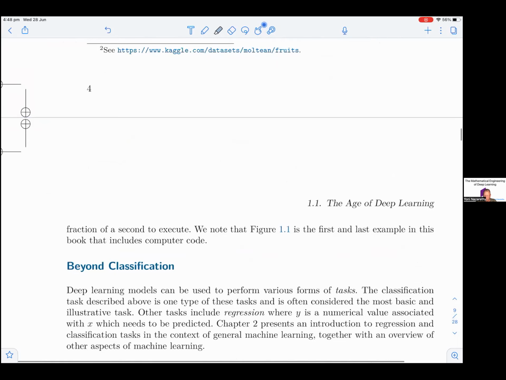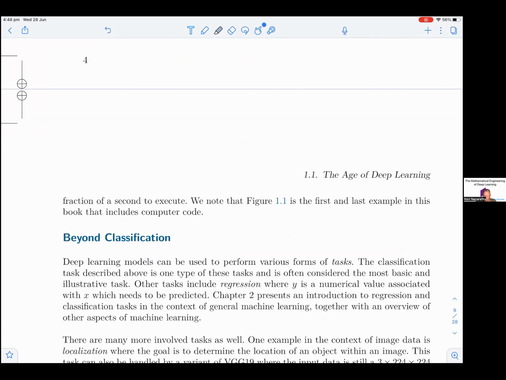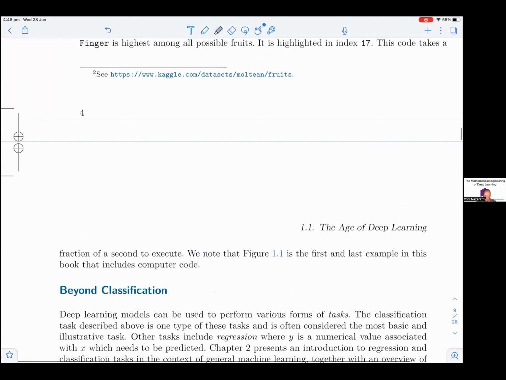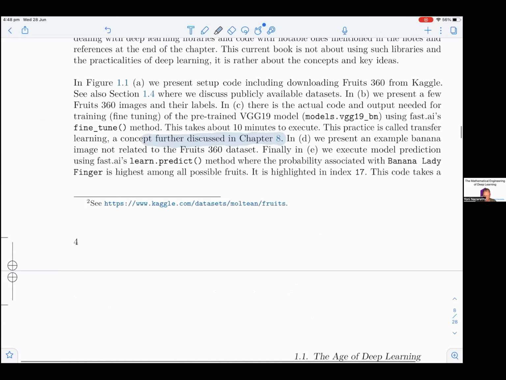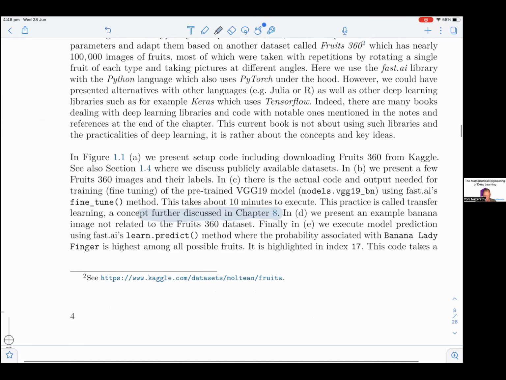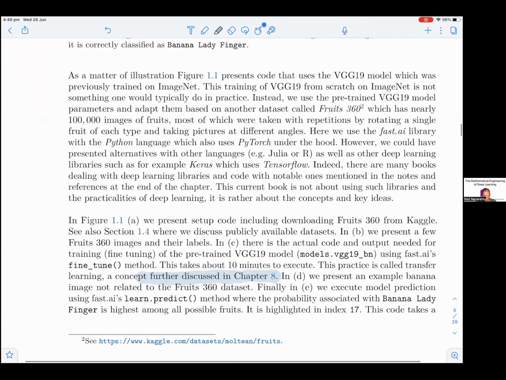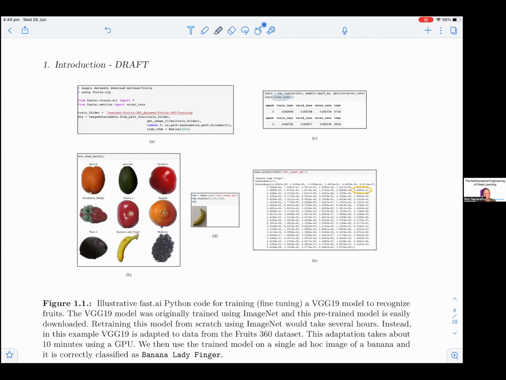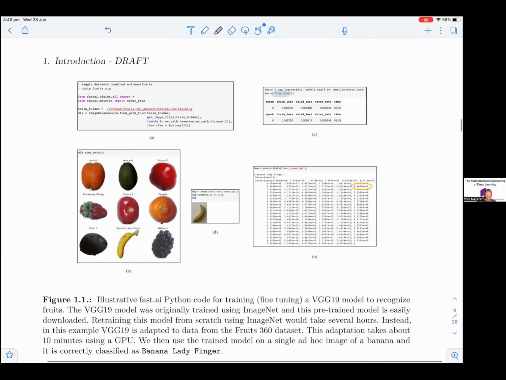Important to note that Figure 1.1 is the first and last example in this book that includes computer code. So here is E, where you see the list of probabilities, and the probability with the index associated with banana is higher than the other probabilities.